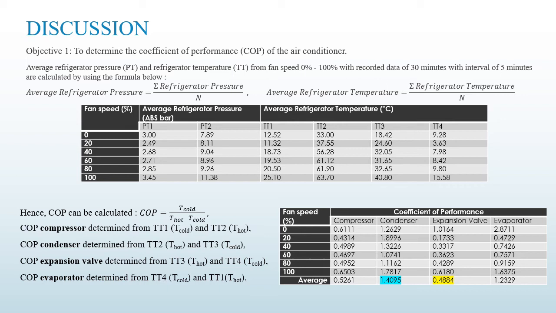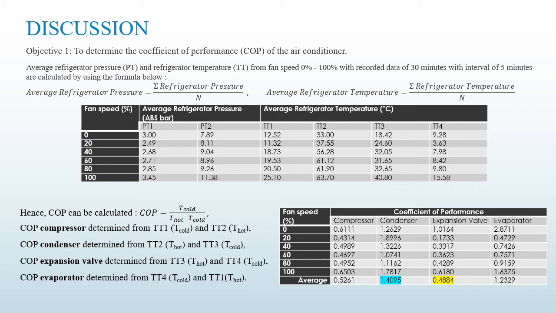temperature. Lastly, the COP of the evaporator is determined from TT4, which is the cold temperature, and TT1 for the hot temperature. Hence, the compressor COP at 0% fan speed can be calculated from TT1 divided by TT2 minus TT1, by referring to the average refrigerator temperature in the table above, to get the compressor COP of 0.611.